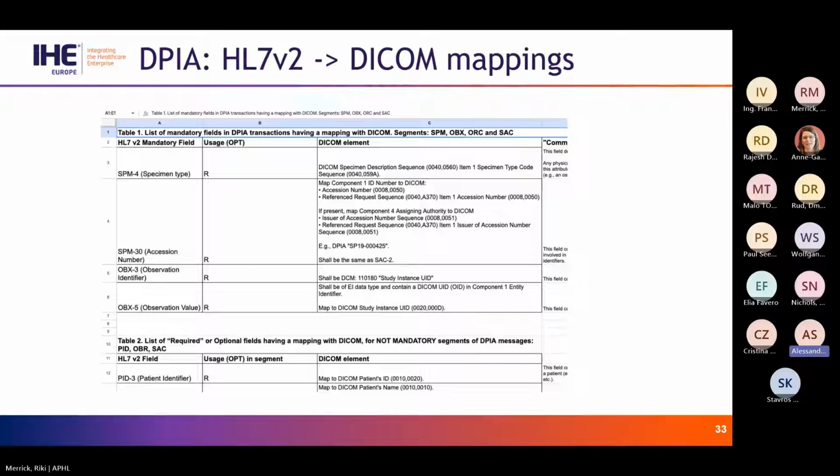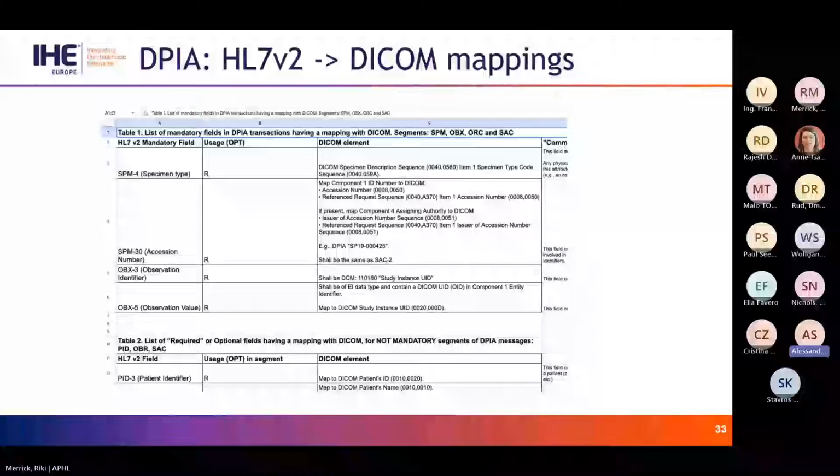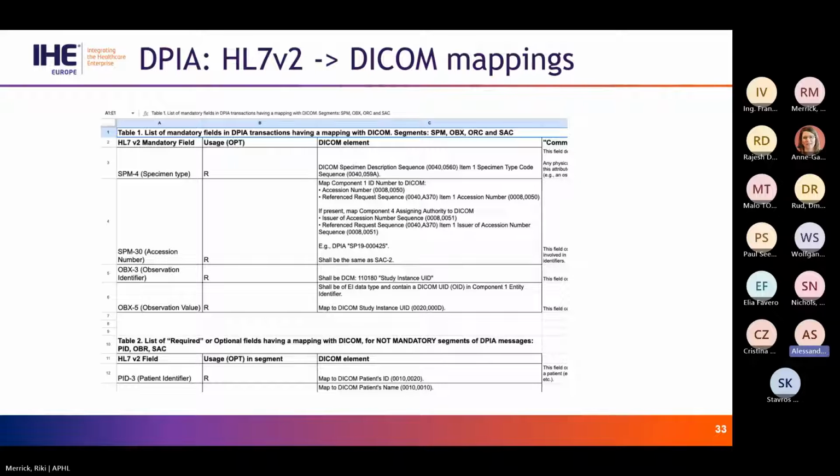So with the help of DICOM working group 26, we have been able to build these mappings, and all the vendors that are coming to the connectathon to test DPIA should have it in mind in order to ensure that all the requirements from the DICOM point of view are satisfied, starting from the HL7 version 2 transactions for the HL7 version 2 actors, we can say.